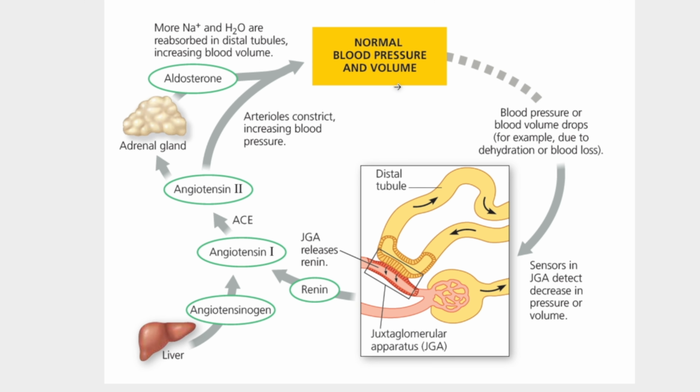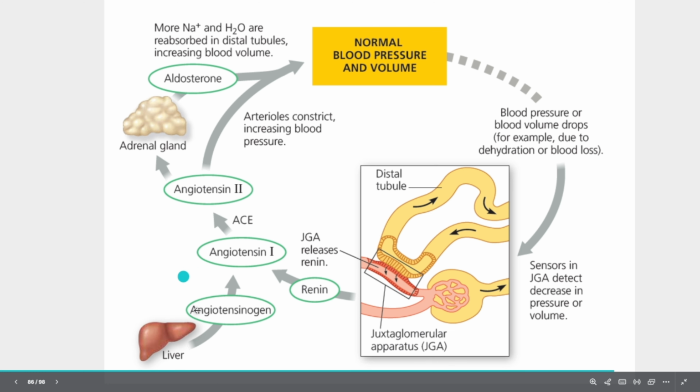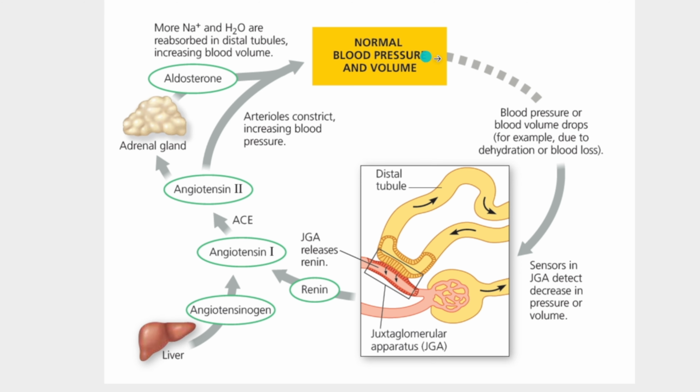So when your blood pressure or blood volume drops, it will trigger the system we call RAAS, the renin-angiotensin-aldosterone system. So it does not include only aldosterone, but also the liver system. It is not like ADH, where a blood pressure or volume drop directly triggers the release. No, it requires a more complicated response.